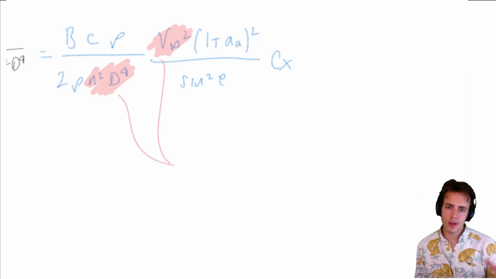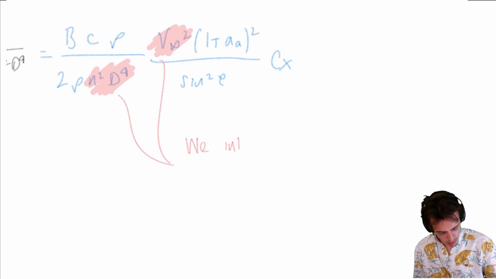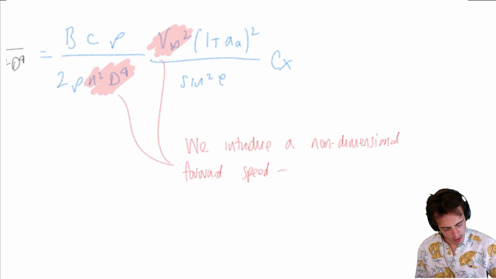We can probably appreciate, we said earlier, that propeller performance is a function of aircraft speed. So it would be helpful for our purposes if we had a non-dimensional measure of forward speed. So we introduce a non-dimensional forward speed, and we call this the advance ratio.